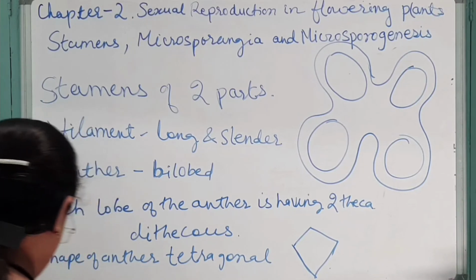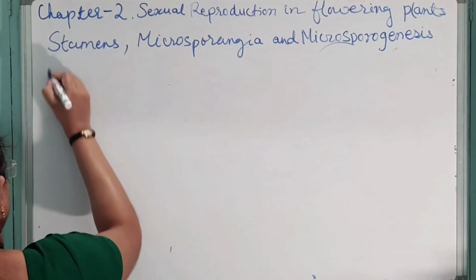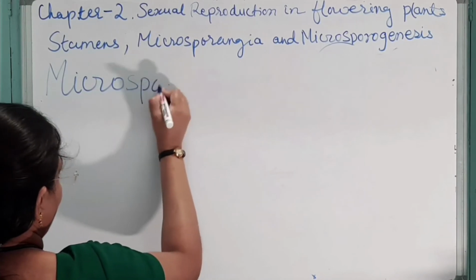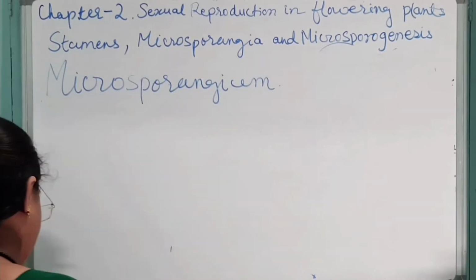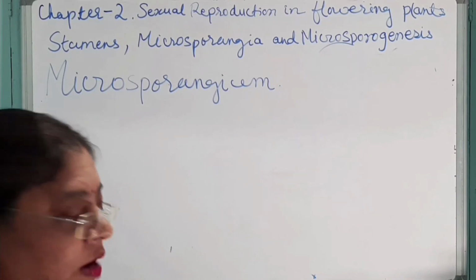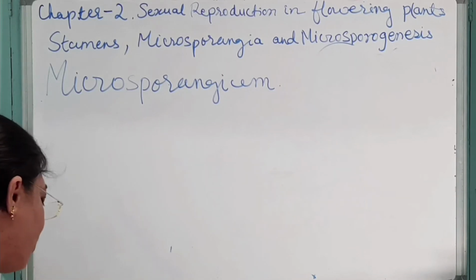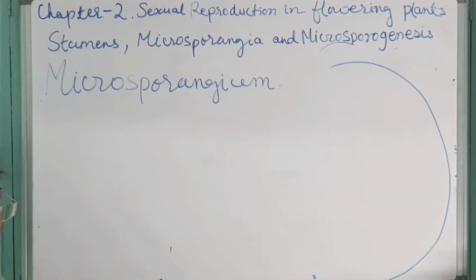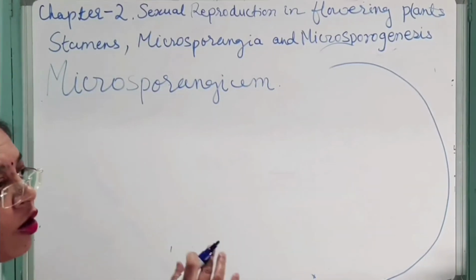So now let's see the structure of microsporangium. If you take the transverse section of anther, you will find that the sporangium appears more or less circular in shape. Outline appears circular in shape, and it is generally surrounded by a wall of 4 layers.